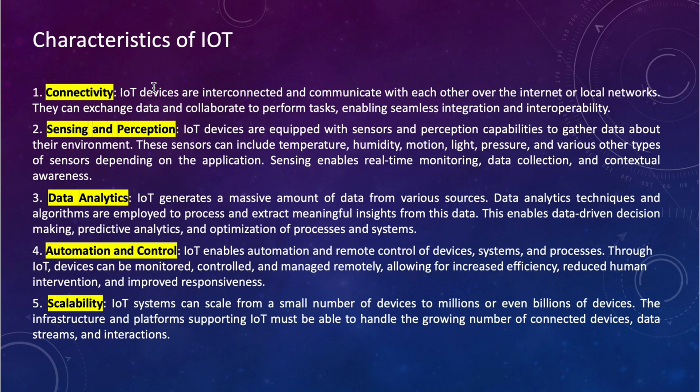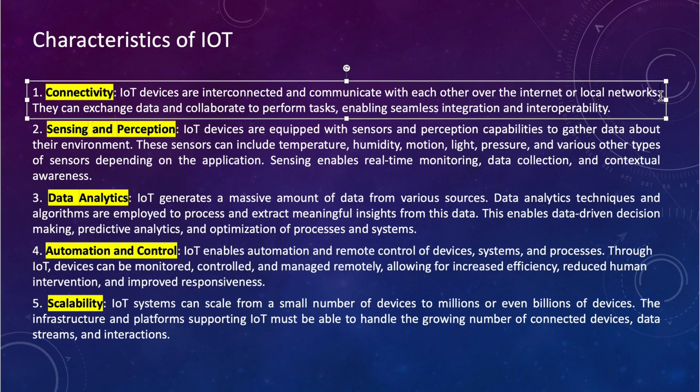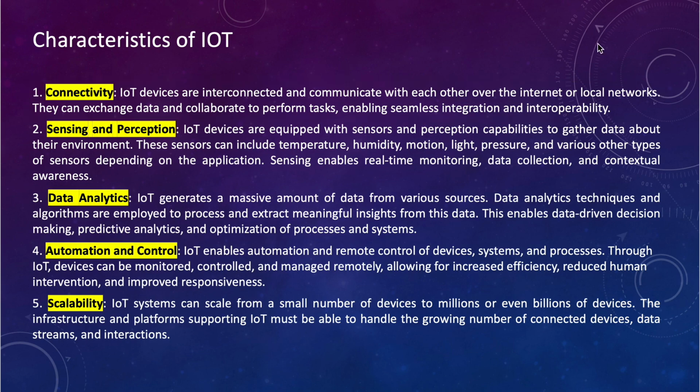So connectivity: in connectivity, IoT devices are interconnected and communicate with each other over the internet or local area network. This is something that I have been repeating again and again, and that is one of the main characteristics.